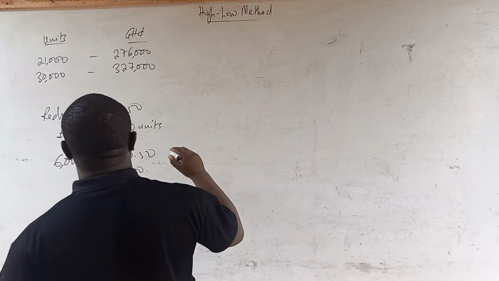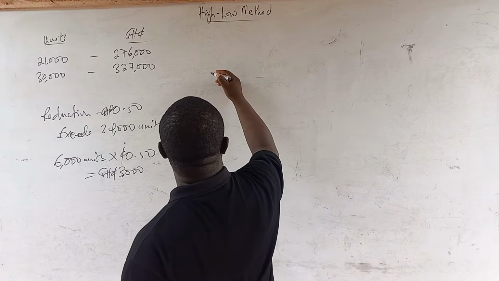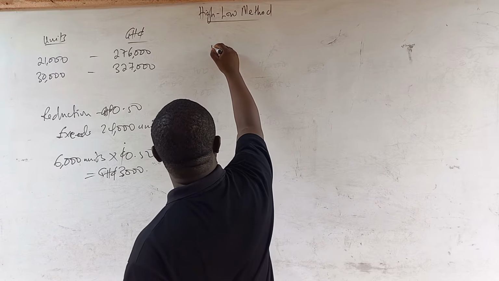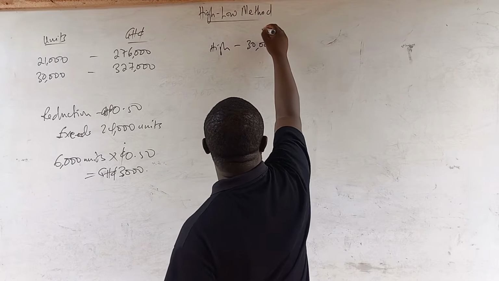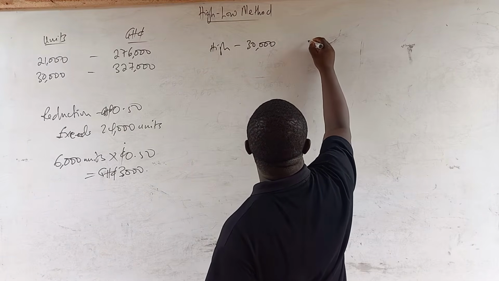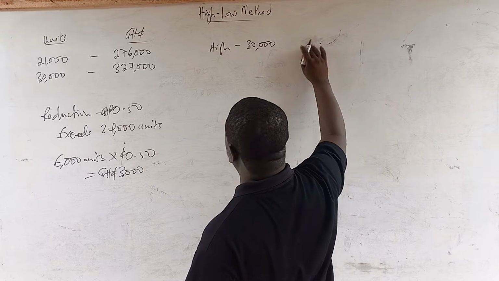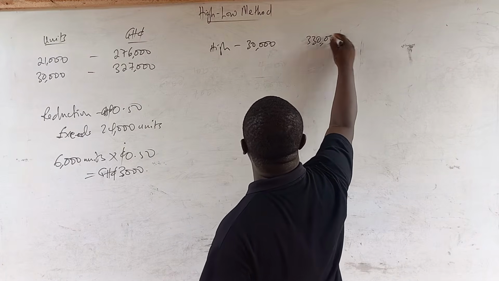We are going to say that now the highest activity level, the high, is 30,000 and the cost associated with the high will be 327,000 plus 3,000. So we add 3,000 to that, it's going to be 330,000.